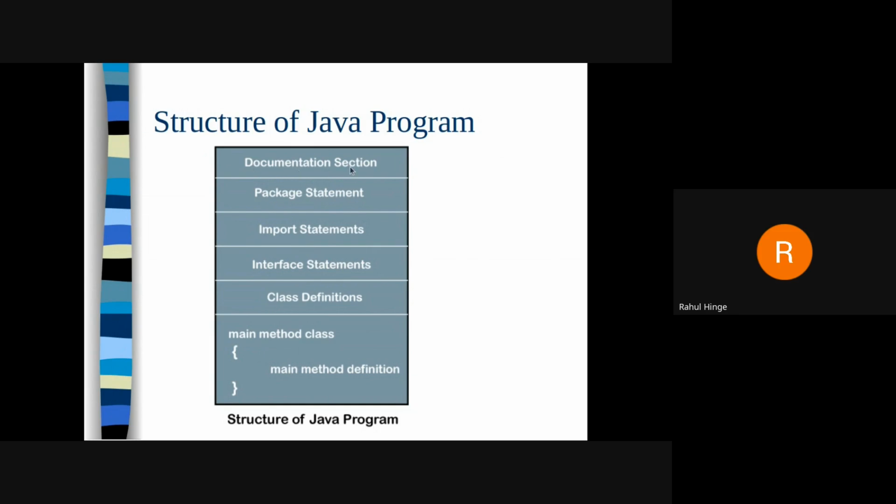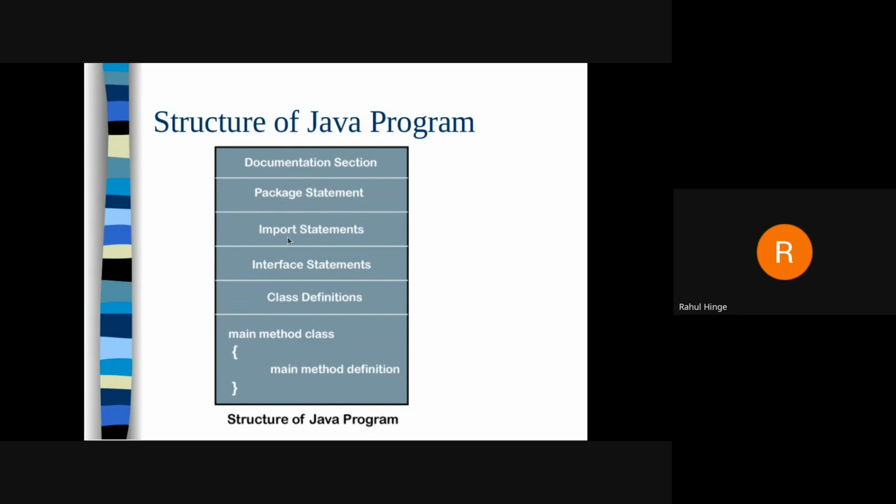So the next block is normally used for the package statement. Currently we are not using the package statement, but in future we will have to write the package, and at that time I'll explain more on this block. Next block is the import statements.